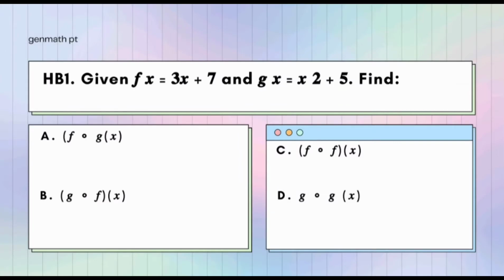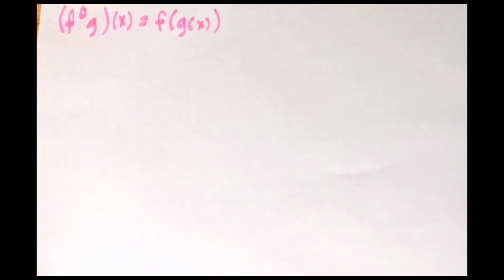Let us now have our first example. Letter A, f composed of g of x is equal to f of g of x. Given the functions f of x equals 3x plus 7 and g of x equals x squared plus 5, find f composed of g of x.